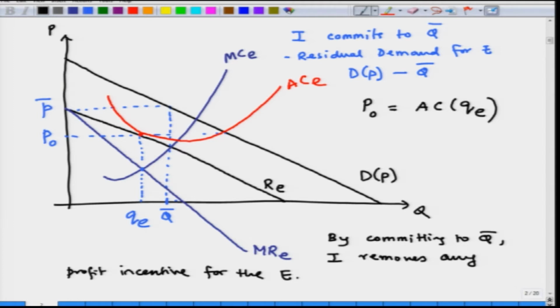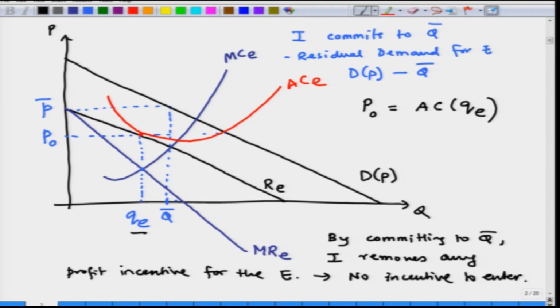The entrant chooses its profit maximizing output based on marginal revenue equals marginal cost. It turns out that the output QE is such that it leads to a price P0, which barely covers the average cost of the entrant. So, the entrant's profit is 0, the entrant has no incentive to enter. No incentive to enter the market.